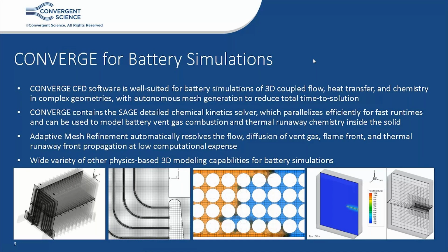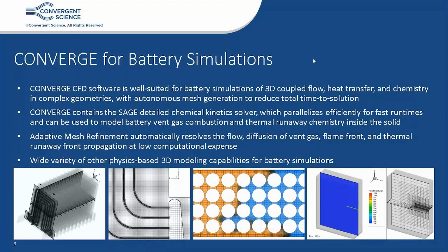Converge CFD software can also be used to model chemistry in complex geometries. As such, Converge contains the SAGE detailed chemical kinetic solver, which is an established solver used for a wide variety of combustion applications, from IC engine combustion, like premix and non-premix regimes, to rockets, to burners, to oil and gas industries, and also after-treatment chemistry.